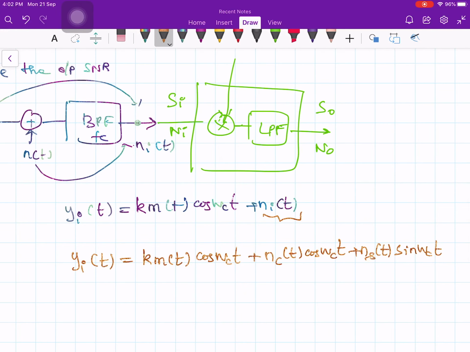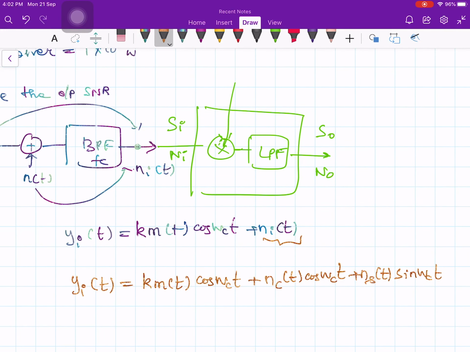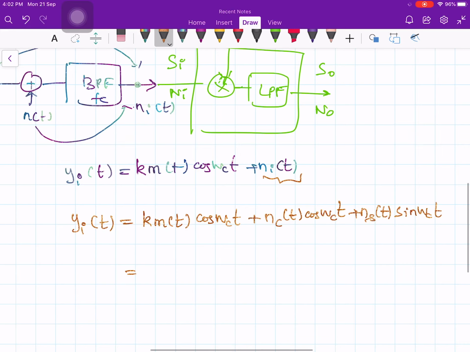Okay, now this whole thing is multiplied by the cos signal before the low pass filter. Let us say the cos function is cos of omega ct, and you are multiplying 2 times cos omega ct. So k times m of t cos omega ct plus nc of t times cos omega ct plus ns of t sin omega ct.